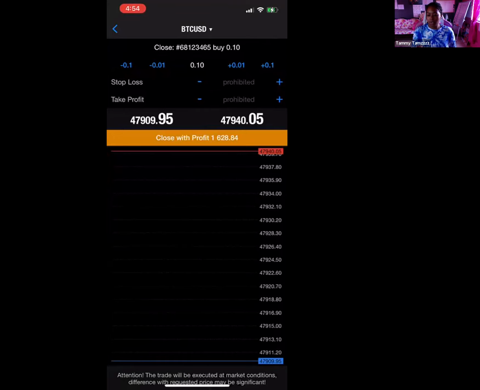But I don't want to close the entire trade, I just want to close out half. So I would reduce my lot size to 0.05, and now it says close with profit 814.42. So that's half of the profits if I were to close out 0.05 of that 0.1 lot size.